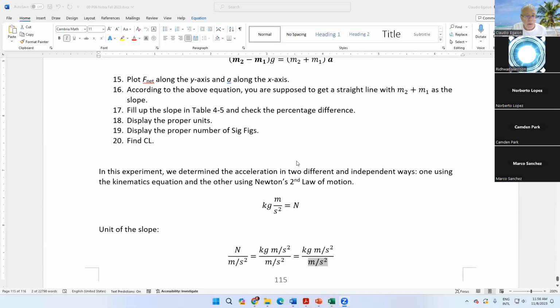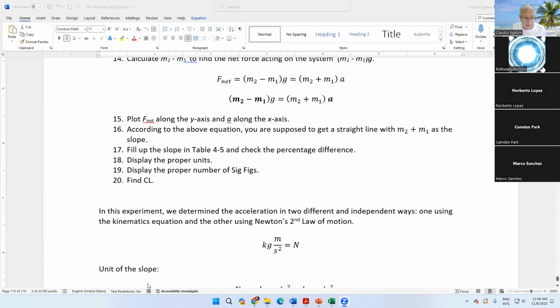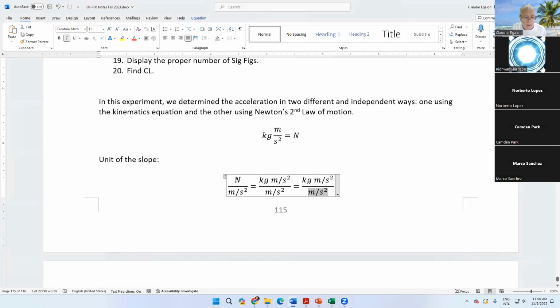Okay, here you go. Unit of the slope, right? The unit of the slope is the unit of the rise, which is Newton, divided by the unit of the run, right? But the unit of the rise, which is Newtons, is also kilogram meter per second square. Here is force, here is acceleration. Meter per second square cancels out with meter per second square, and what do you get?